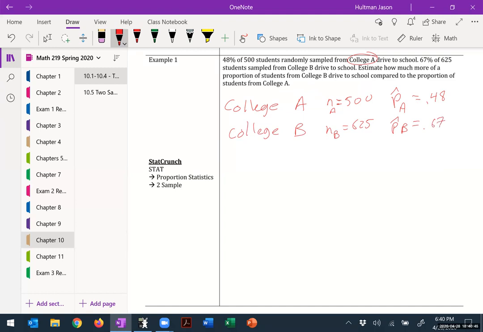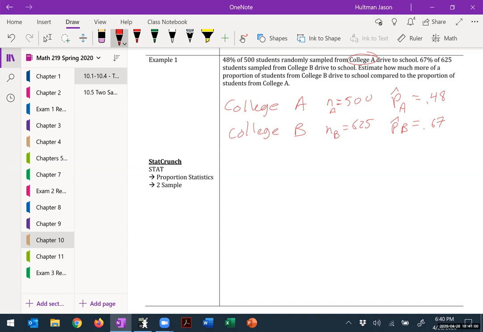I want to know, is there a significant difference? Is the difference between the colleges significant in order for me to say that they are not equal?